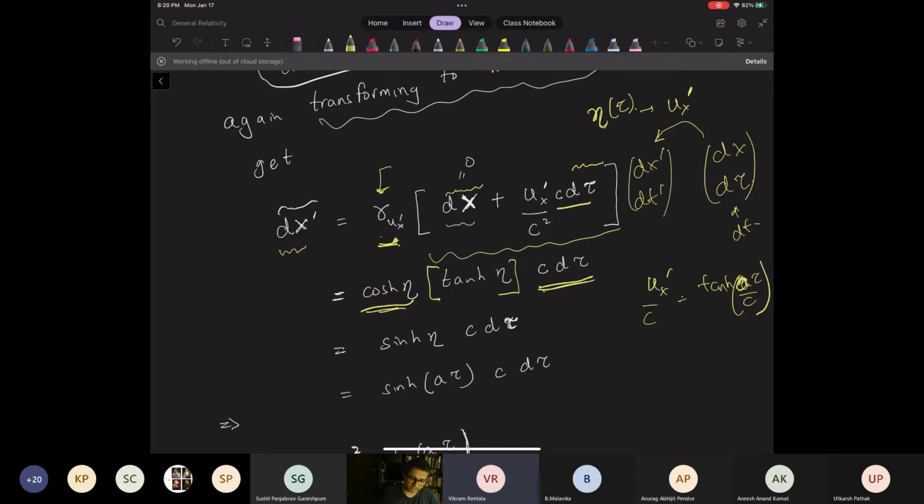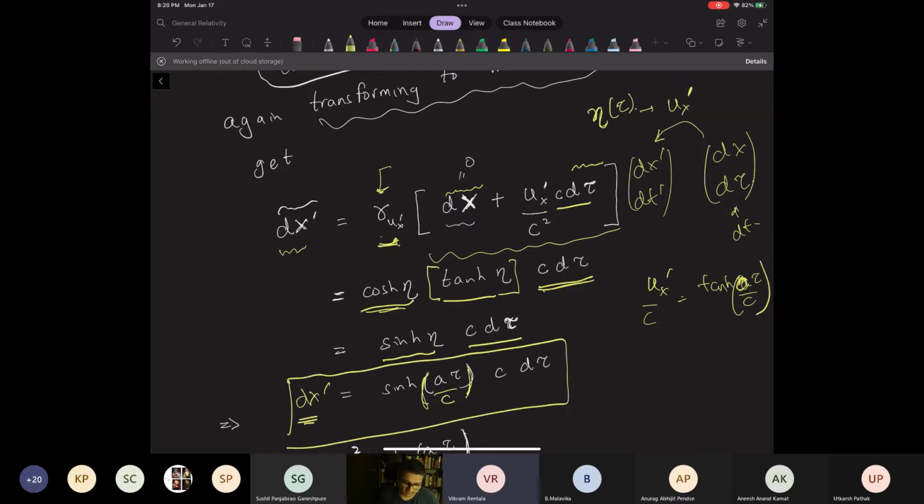When you work out all these factors, tanh is sinh by cosh, so this gives you sinh eta times c dτ. I can write eta in terms of aτ over c. So I get dx prime, the spatial distance between those two points as seen in the frame S prime, is sinh(aτ/c) times c dτ.